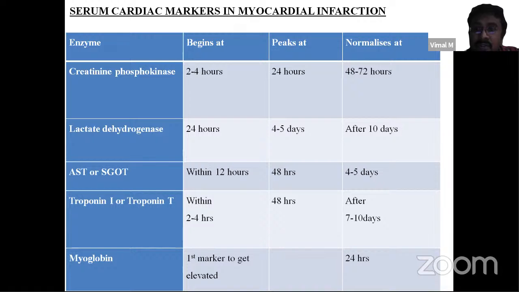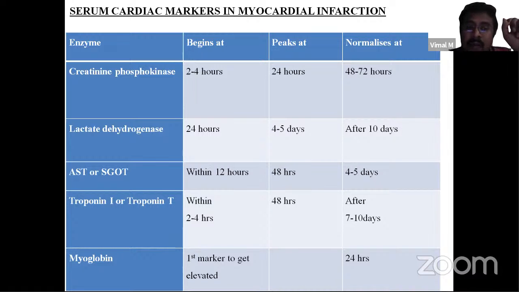Because of these features, it is called an ideal cardiac marker. Myoglobin is a highly non-specific marker. Even a person with a road traffic accident or muscle injury may show elevation of myoglobin. Even creatine phosphokinase is a non-specific marker, except that CKMB may be present in the myocardium.